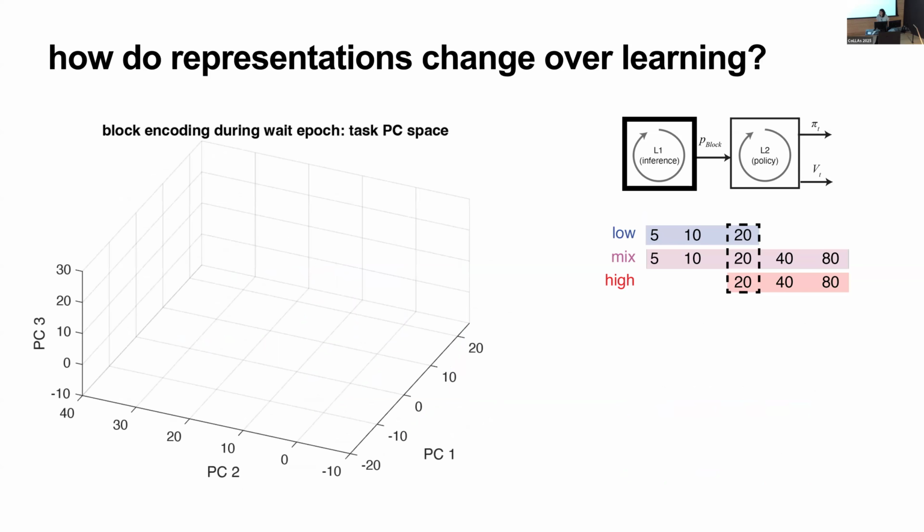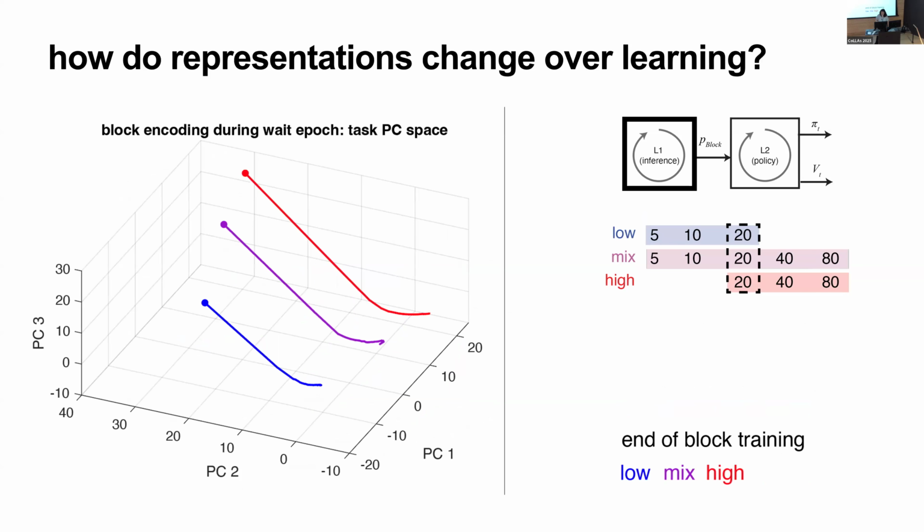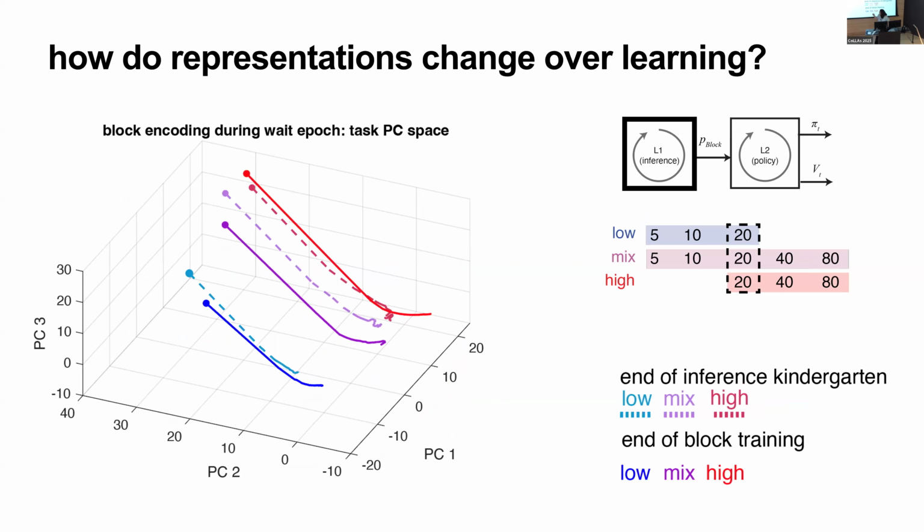Similarly, if you're looking at the representation of blocks in the inference module, this is how the average trajectories for different blocks look at the end of training. And this is what it looks like at the end of pre-training with inference. So this is another dynamical system motif where you pretty much just copied it; you didn't have to do much to it to keep the computation going.